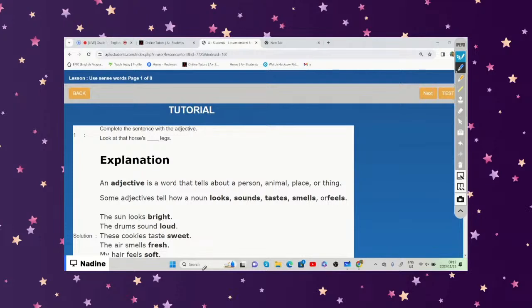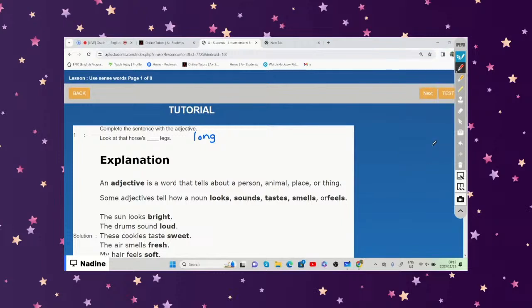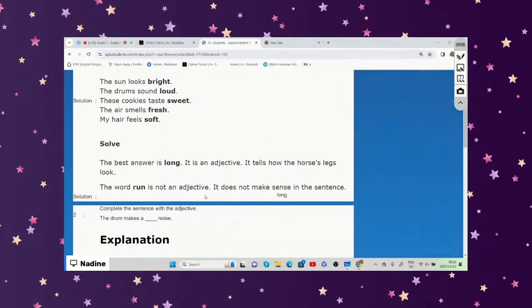But in this case, we're going to say, look at the horse's long legs. And that is how we are describing or telling more about the specific noun. And there we have it, the best answer is long, which means that the horse's legs are long, and it tells us how long the horse's legs are.